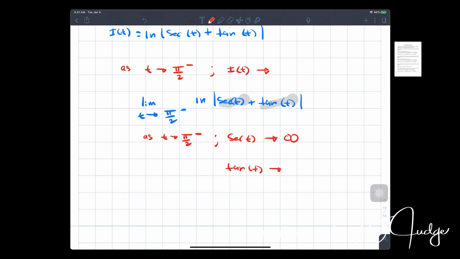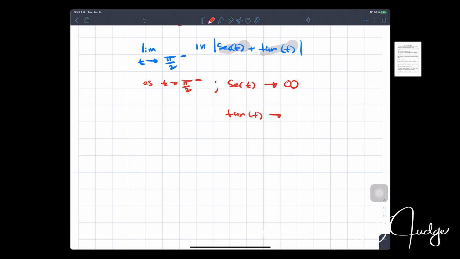And if anybody remembers about tangent, if you recall the tangent curve, this is pi over 2, negative pi over 2. I don't like that.